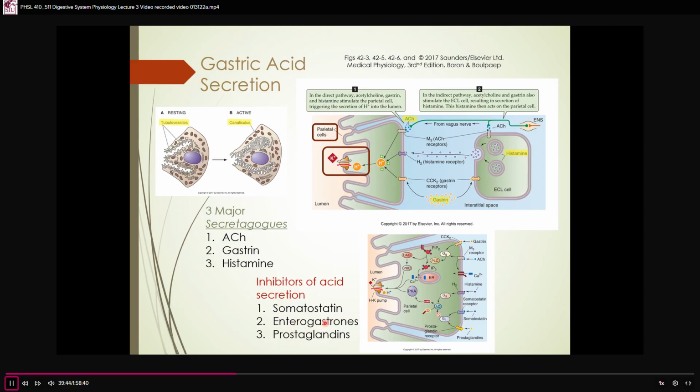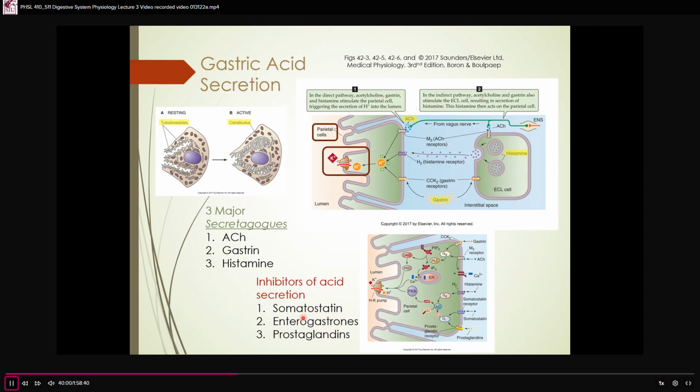And then enterogastrones are a number of other substances. The term enterogastrone means entero, having to do with the intestine, so substances that are made in the intestine, gastrone, that happen to exert their influences down in the stomach.